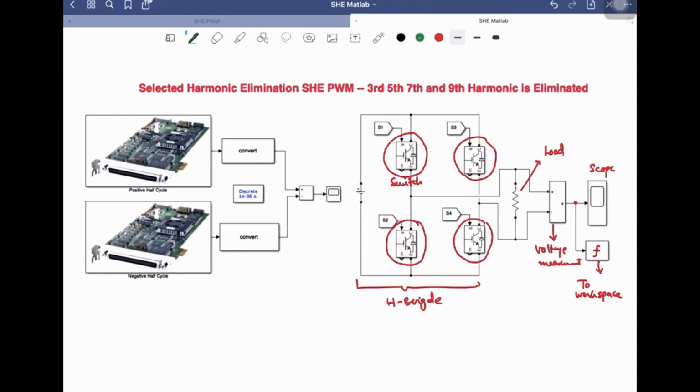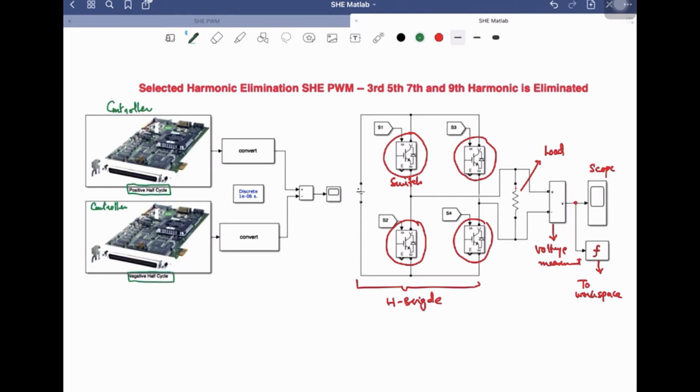Okay, now if I look towards the left side, here you can see the controller. This controller generates the pulses for the positive half cycle, and then you can see this second controller, which generates the pulses for the negative half cycle.